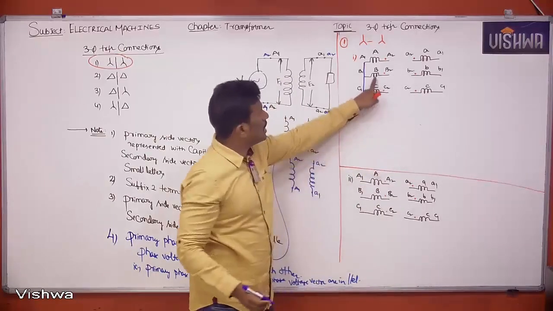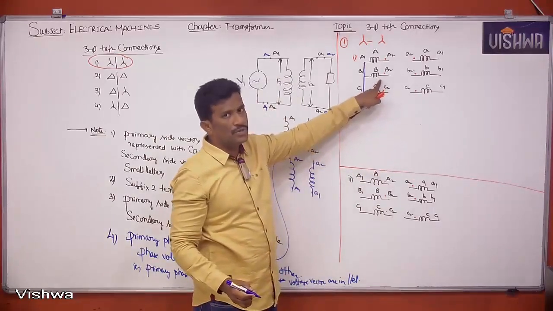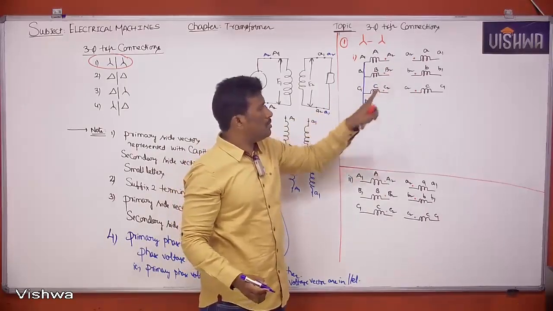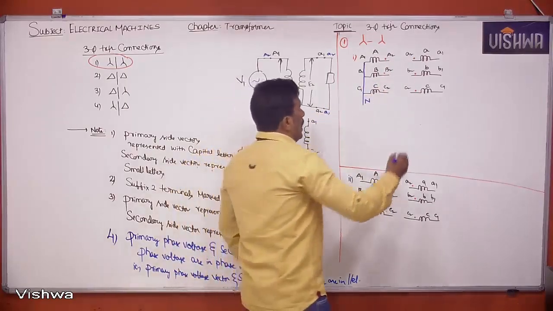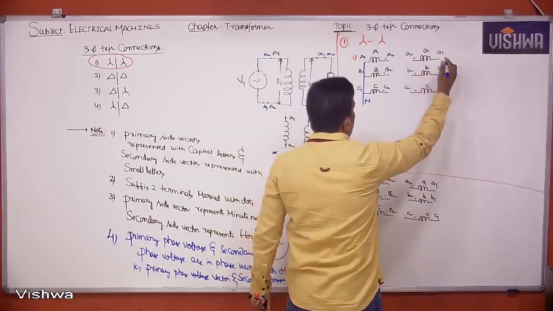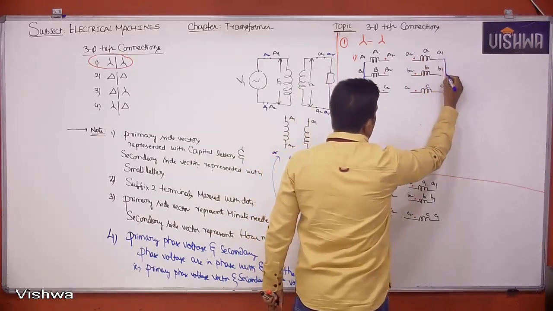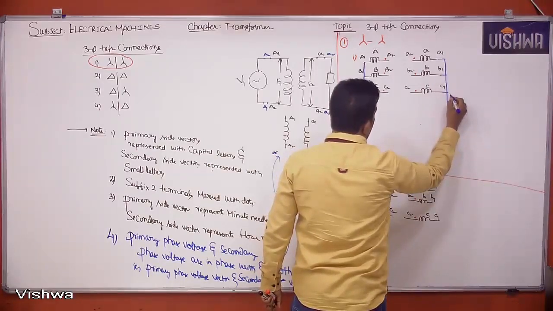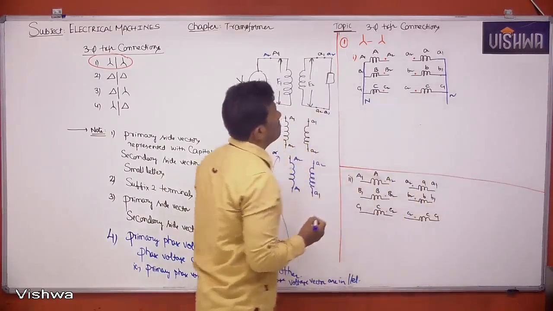This becomes a star connection. And here also, let me take output from A2, B2, C2 by providing neutral to A1, B1, C1 like this.